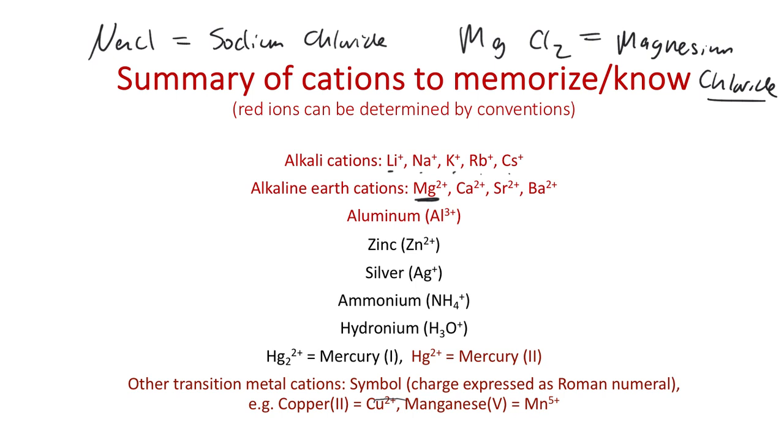I don't have to specify 2 chlorides because I'm going to get to 2 just because of the charge of magnesium. It's going to need 2 chloride ions to balance out the charge. Because I have a 2+, I have to have 2 chlorides. Because I know magnesium can only form a +2, I don't have to name this magnesium 2 chloride or magnesium dichloride. Likewise, for sodium chloride, I didn't have to call it sodium monochloride or anything like that.